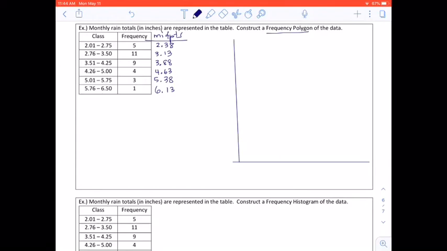We're going to write that this is monthly rain totals, and again, this is in inches. And then your vertical again is frequencies. I'm going to count those by ones.